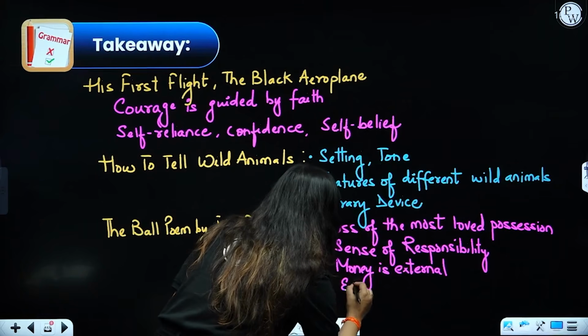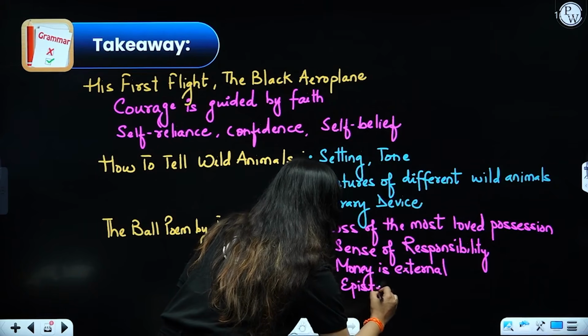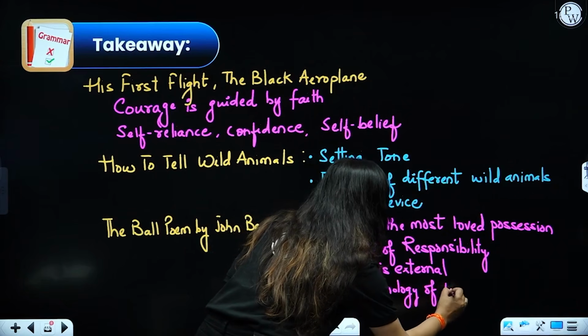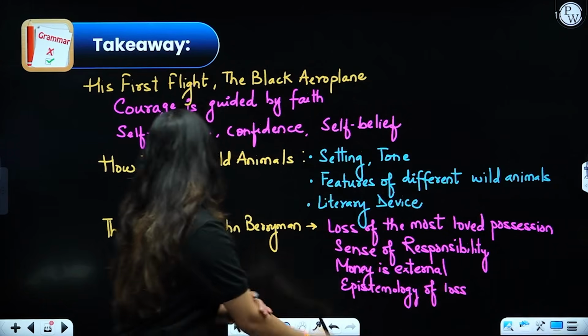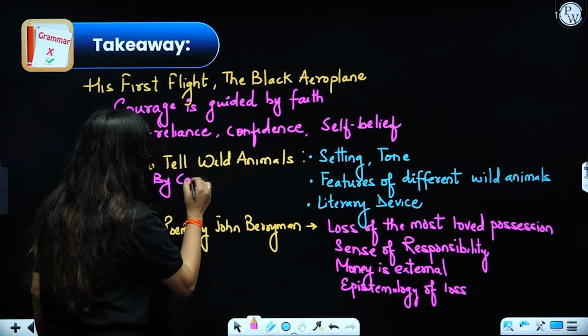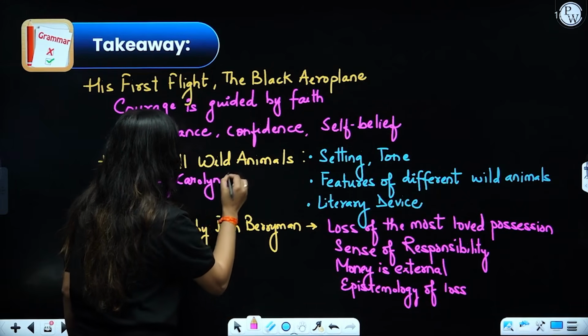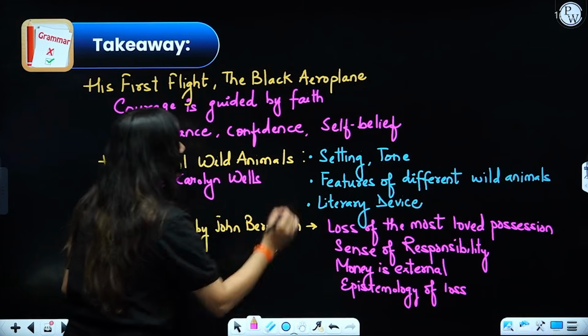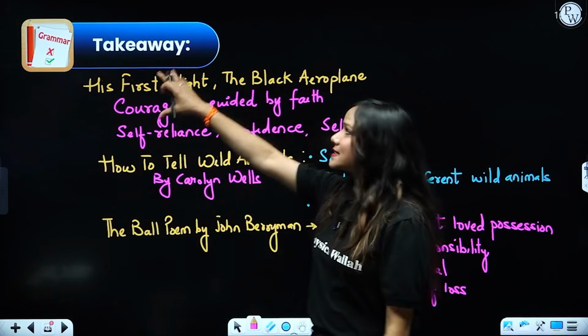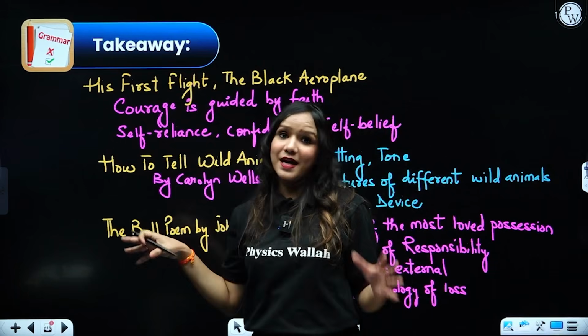And the epistemology of loss. And let me tell you that this How to Tell Wild Animals is written by Caroline Wells. So I hope, dear students, you are able to understand these takeaways, major takeaways of today's session.